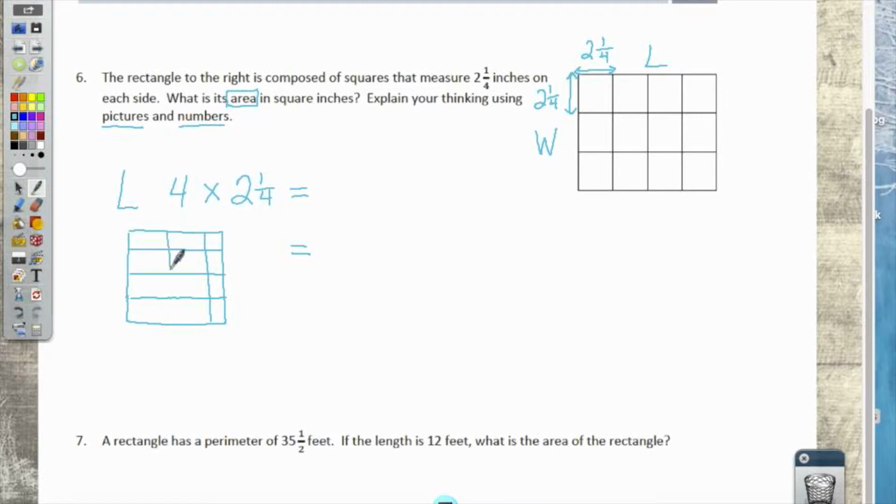And then we've got 2 and a 4th. Now, I need to change how I wrote this, because I want to keep my length and my width the same. So this is 4, and this is 2 plus 1/4. And that's the problem we just wrote, right?